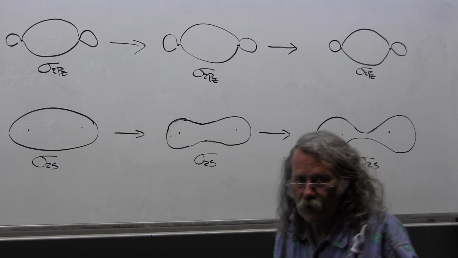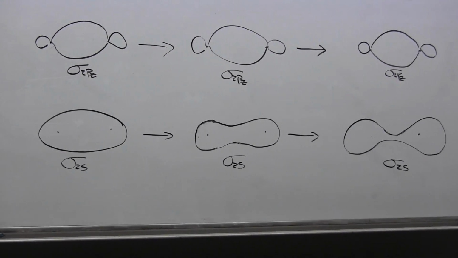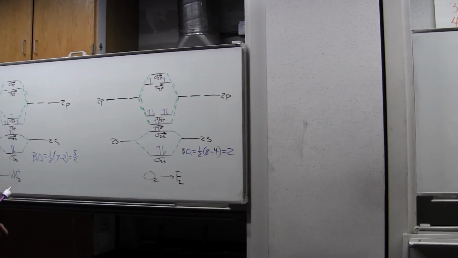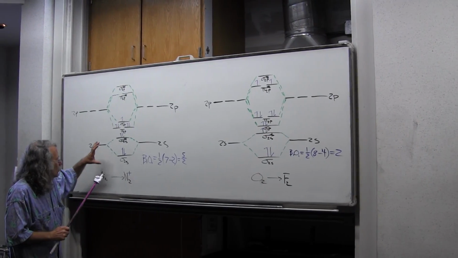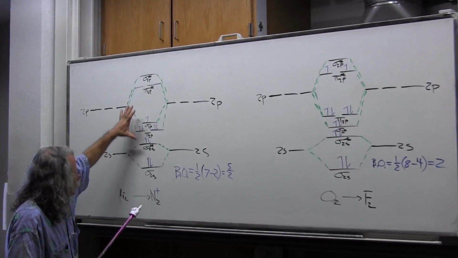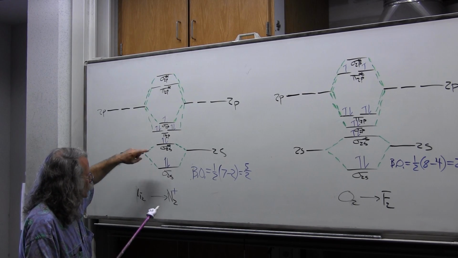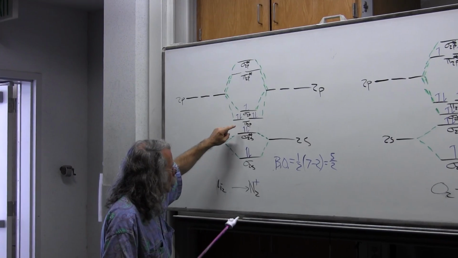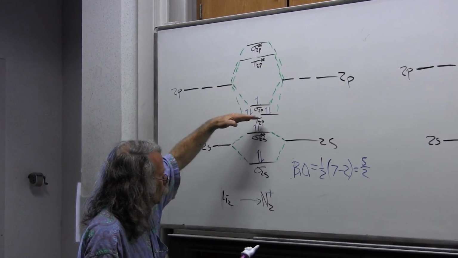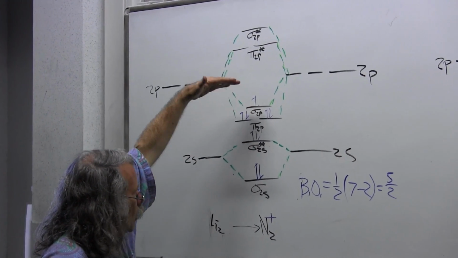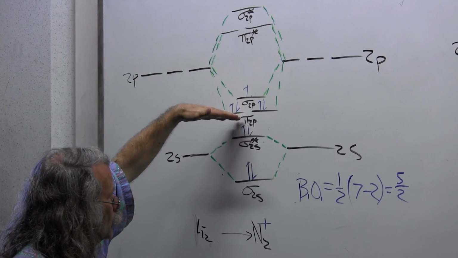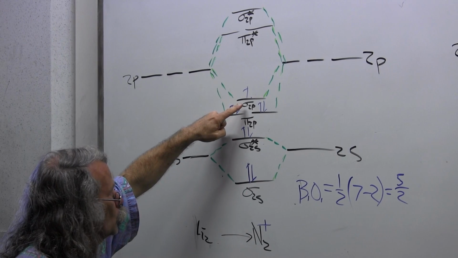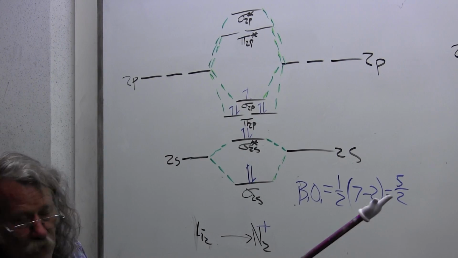And now let's go over here and look at the energy of the molecular orbitals. The order of the orbitals is such that for the early second row elements in the homonuclear diatomics, the pi 2p orbitals are lower in energy than the sigma 2p for the reason we just mentioned.